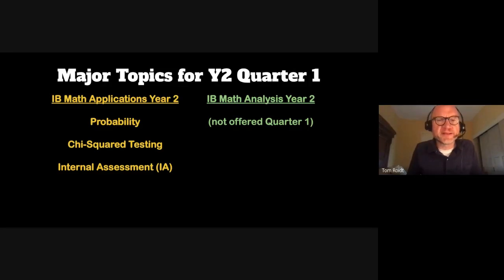And we're going to be spending a lot of time on the internal assessment, which is a mathematical exploration paper that people are going to be writing, and that's going to be a good deal of the time in year 2. And in year 2 of analysis, also, I haven't listed all the topics, but we're also going to be working on the same internal assessment paper as well. So that's going to be a big part of year 2.